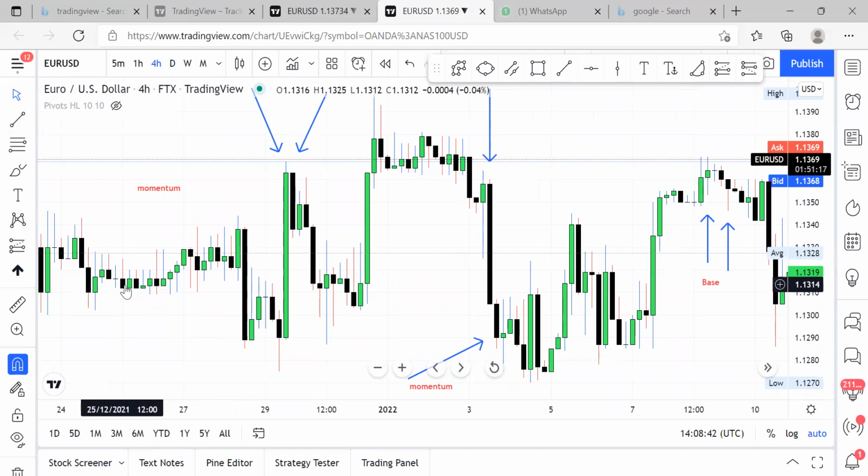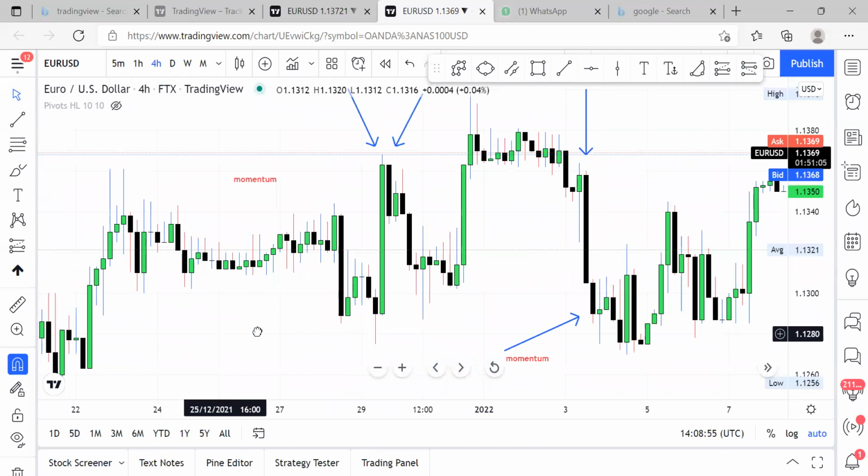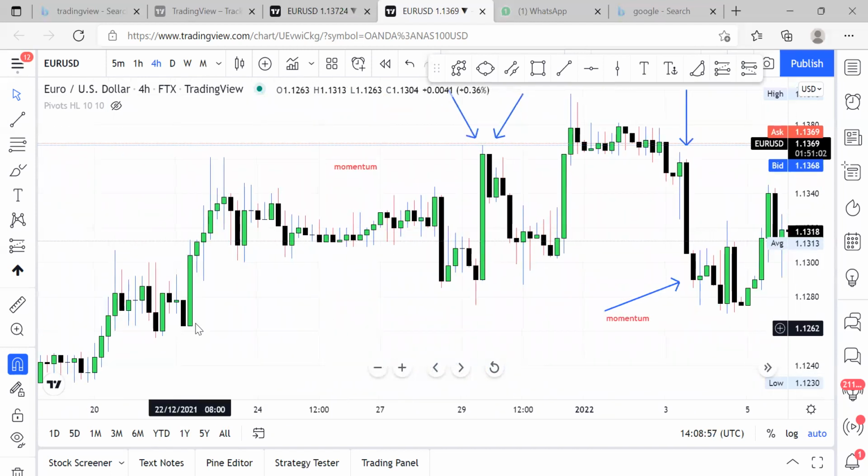This one has a bigger body in relation to the wicks, so this could be a momentum candle. This is telling you what is going to happen, whether there's going to be a market shift or not. So you've got a momentum candle, then a base candle, and you also have another base candle as well.